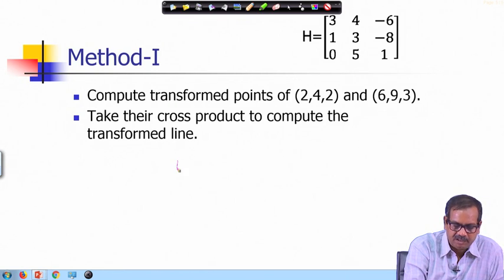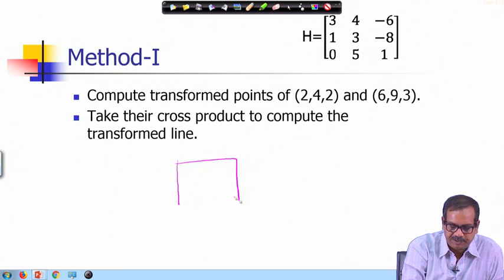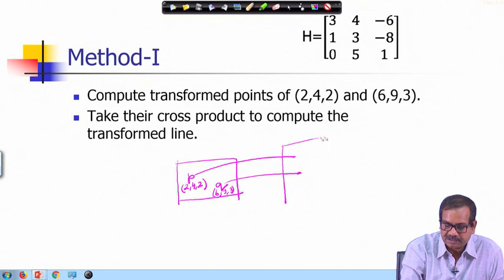So, you have a projective space where you have these points say P and Q, and P is given by the point 2, 4, 2 and Q is say 6, 9, 3. So, you find out their corresponding transformation in the transformed space. Suppose this point is P prime and this point is Q prime.